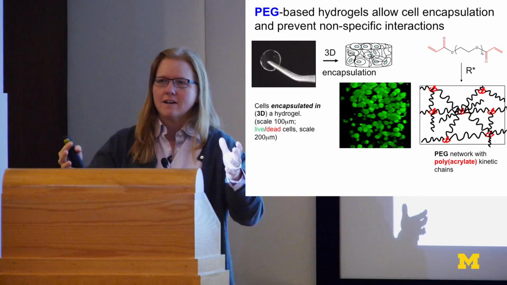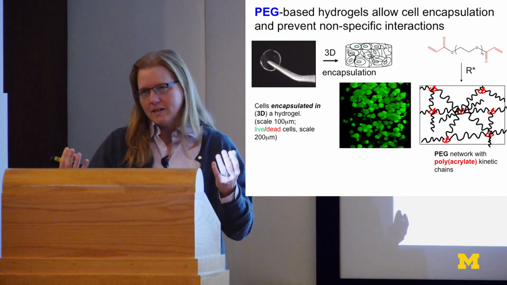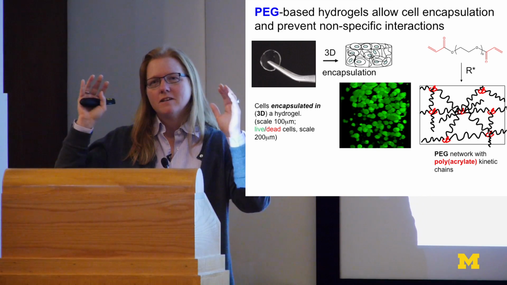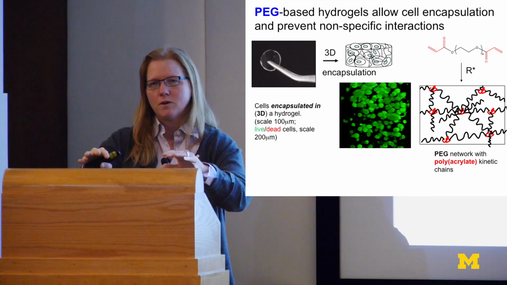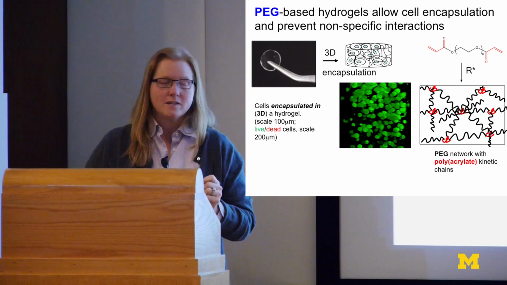When you're culturing cells, you add a complex milieu of media that's filled with many different types of proteins and signaling molecules. And many times, these will just non-specifically adsorb to a surface or a substrate, and then the cells will sense those instead of your material.